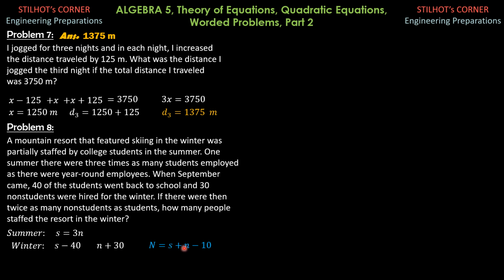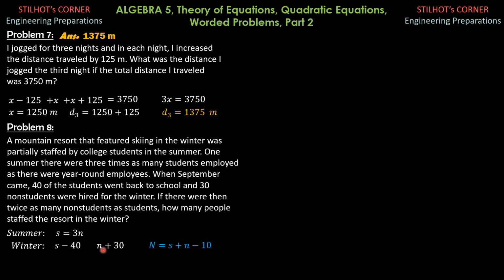So S plus N minus 10. This is our working equation. Let's find S and N. Then as stated here, if there were then twice as many non-students as students, then how many people staffed the resort in the winter?